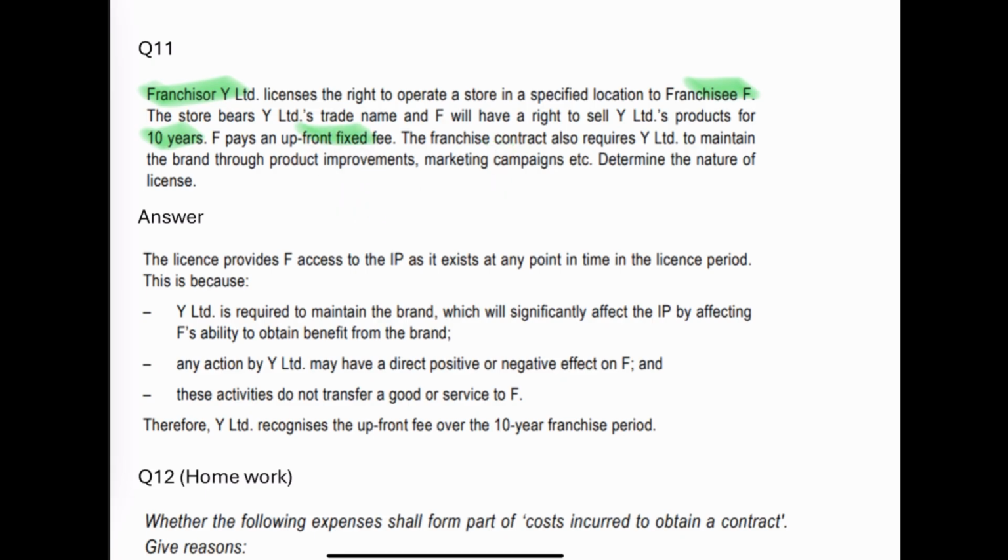The franchise contract also requires Y Limited to maintain the brand through product improvement, marketing campaigns, etc. So determine the nature of the license. Here the license provider provides F access to IP, so intellectual property is provided as it exists at any point in time in the license period. Therefore the license upfront fee should be recognized as revenue over the franchise period of 10 years.